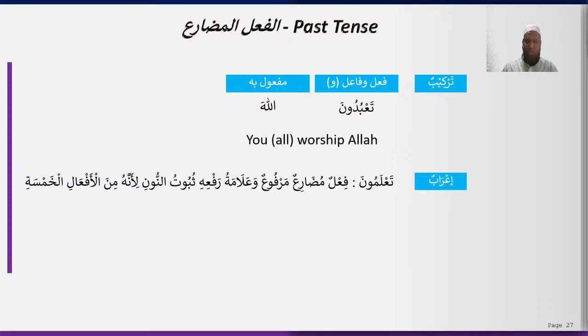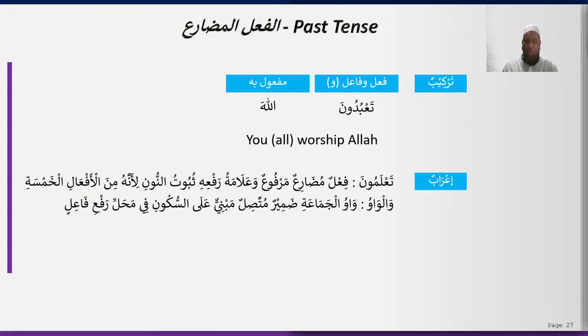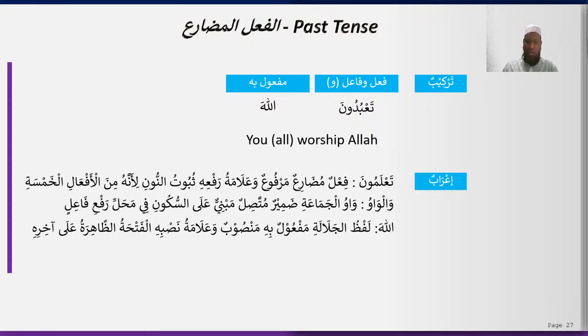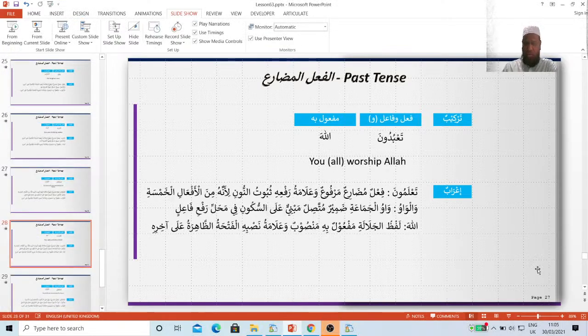Okay, so this should be تعبدون فعل مضارع مرفوع وعلامة رفع ثبوت النون لأنه من الأفعال الخمسة. والواو الجماعة ضمير متصل مبني على السكون في محل رفع فاعل. الله لفظ الجلالة مفعول به منصوب وعلامة نصب الفتحة الظاهرة على آخره. So let's change that.